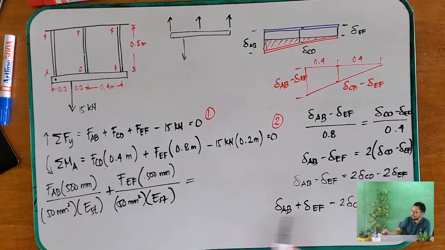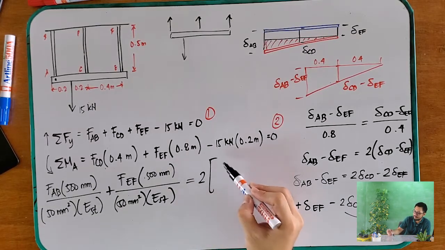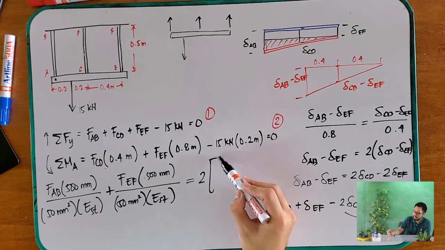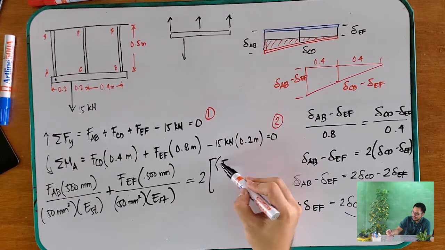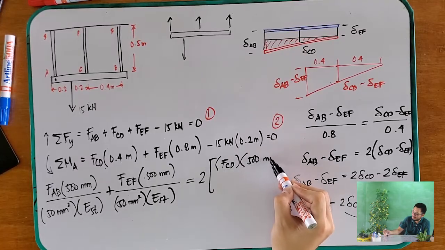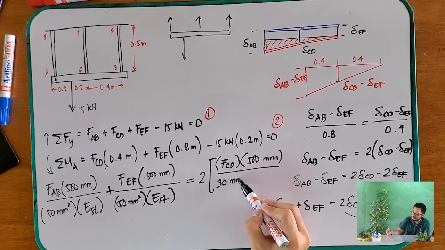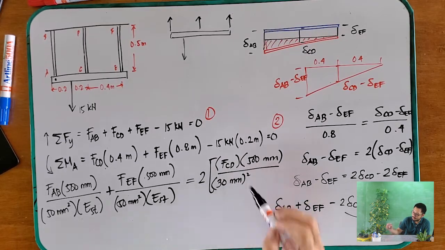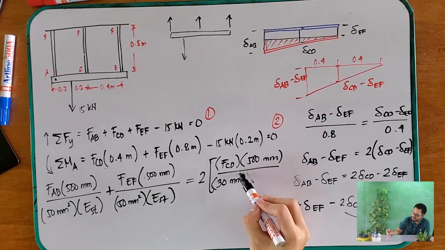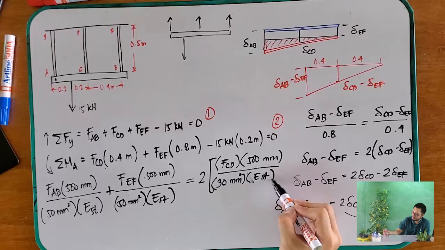Also, ato lang i-transpose ni, para legit. 2 times FCD times 500 millimeters divided by 30 millimeters squared times E steel.